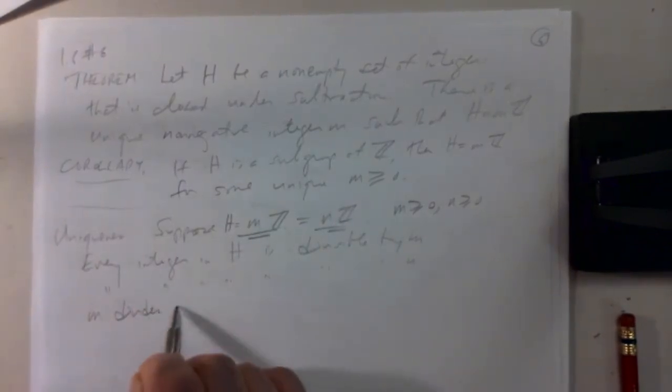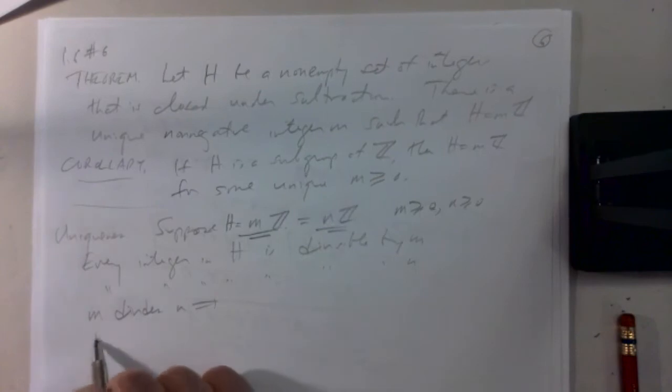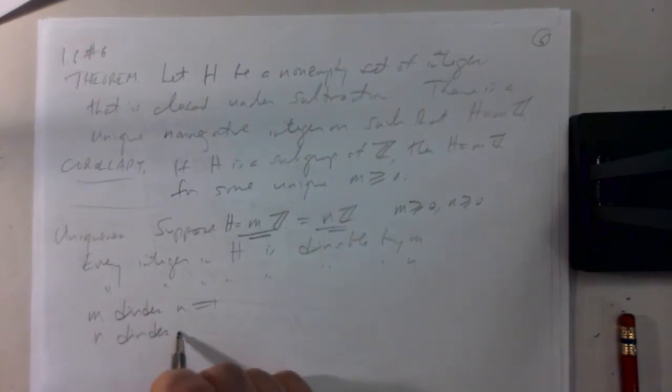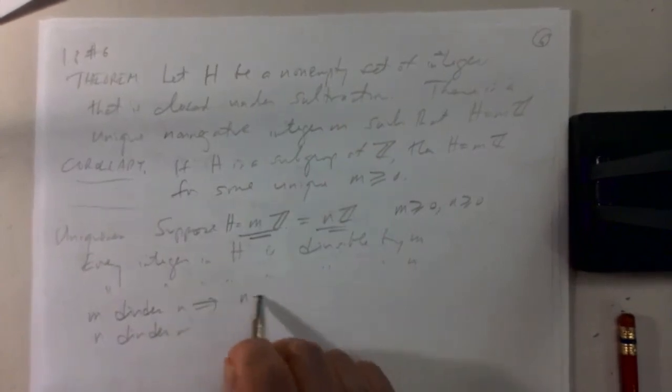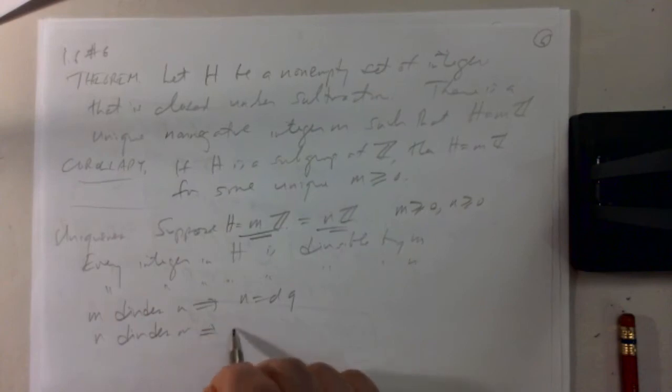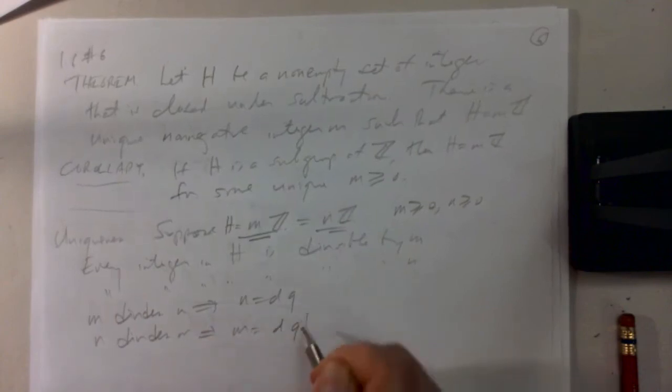So m is in here and n is in here, so m divides n, and n divides m. So this says that n divides m means n is d times q, and m divides n means m is some d times q prime.